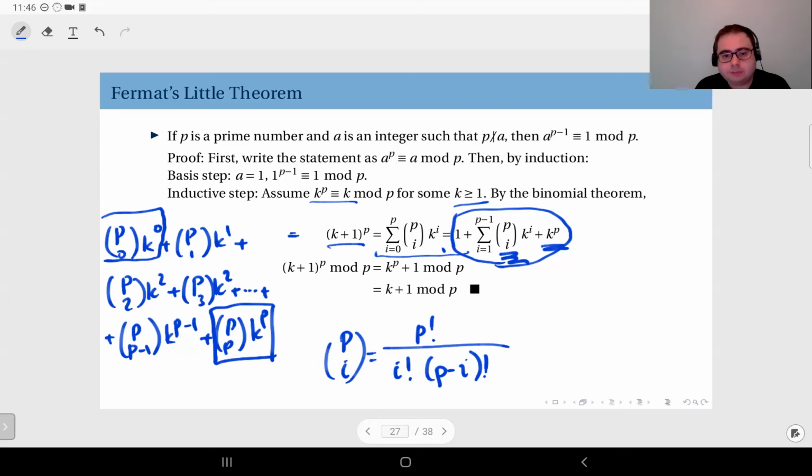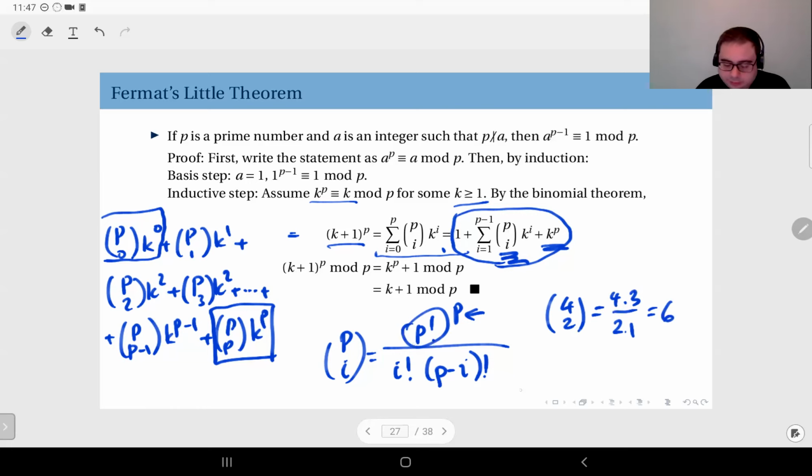And the primality of p is essential here, because we are going to have the factor of p in this factorial, and also it's not going to be cancelled out by any of the numbers in the denominator. So for instance, if p is not a prime number, let's say 4 choose 2, that is 4 times 3 divided by 2 times 1, which is 6. So you see, this is not divisible by 4.